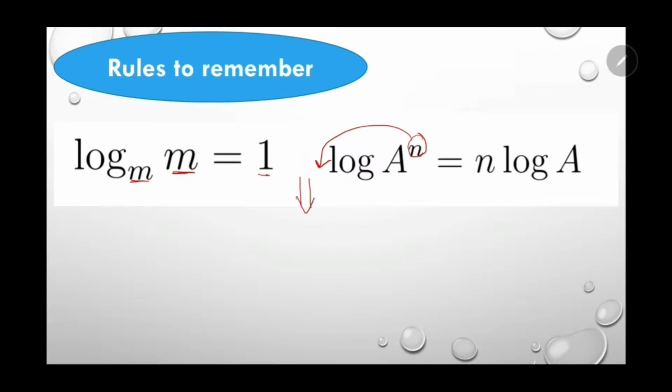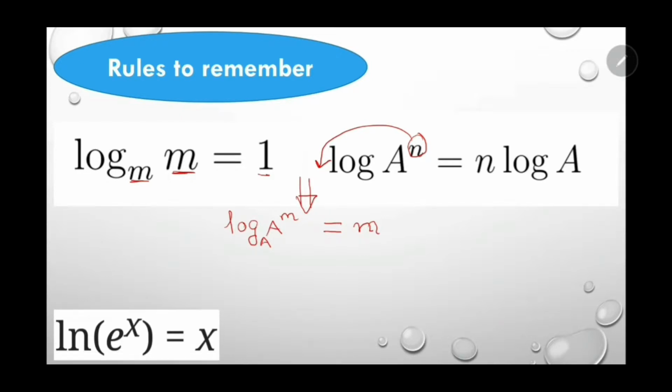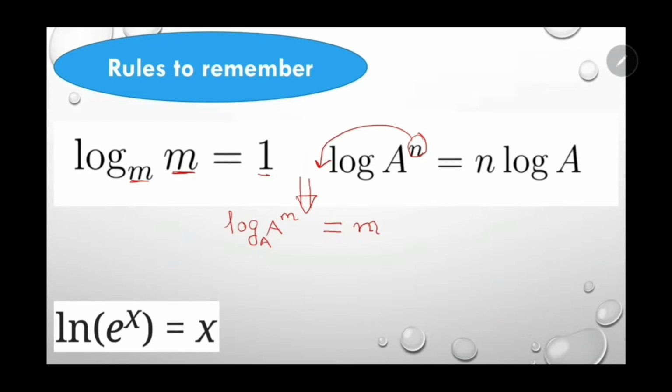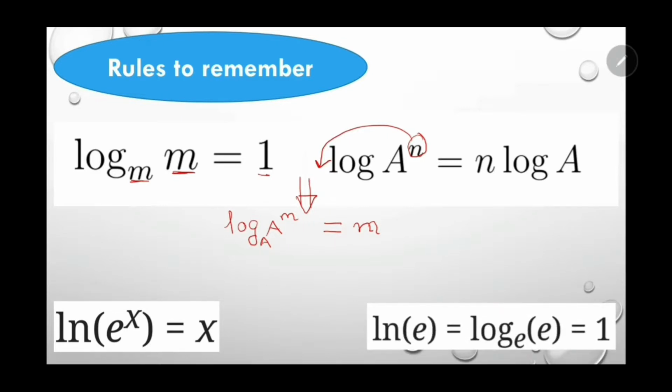This brings out the third rule, which is if we have log a power m to the base of a, so we have a here and a in the base, this is equal to just the power m, which is the exponent. Ln e power x equals x, and ln e equals log e base e equals 1.